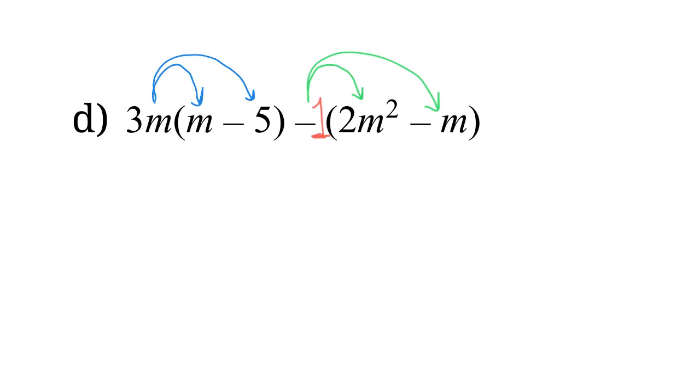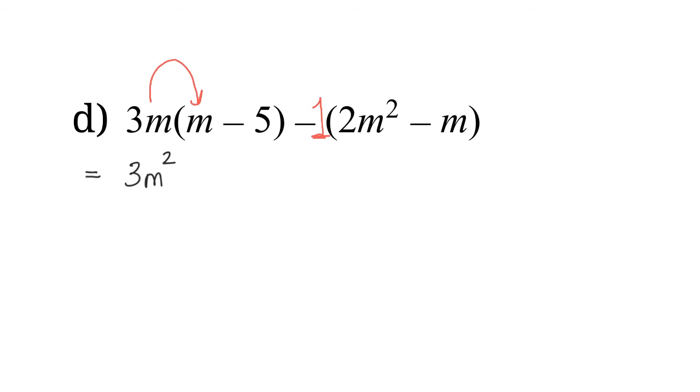So we're going to perform this one step at a time, and we're going to start off with the first bracket and perform the multiplication here. Okay, so let's start with 3m multiplied by m. So we put an equal sign. 3m multiplied by m is 3m squared.